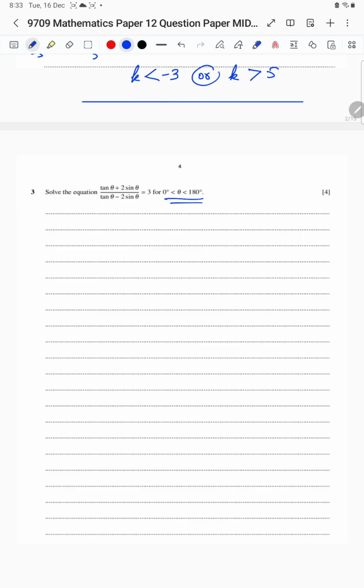So first of all, we will bring them into one trigonometric function. tan can be written as sin theta over cos theta, so we have sin theta over cos theta plus 2 sin theta over 1, whole divided by sin theta over cos theta minus 2 sin theta, equal to 3.